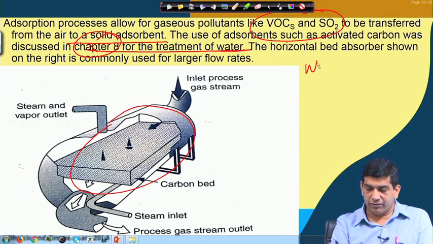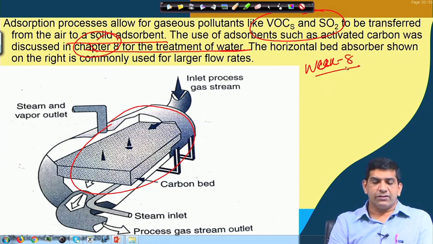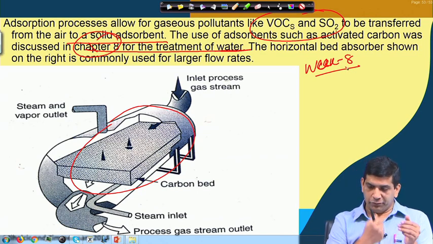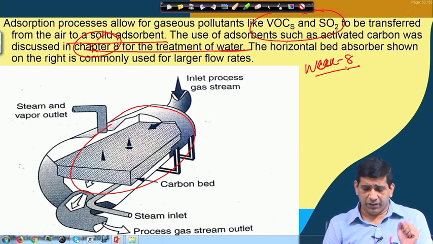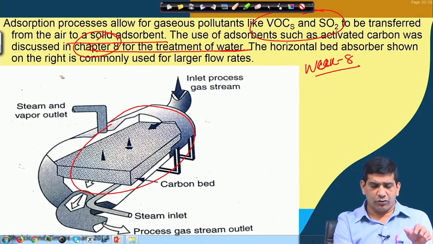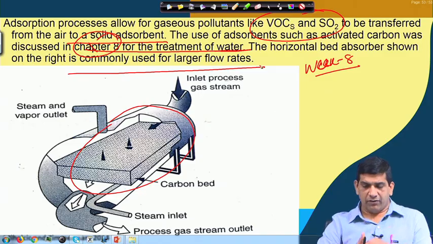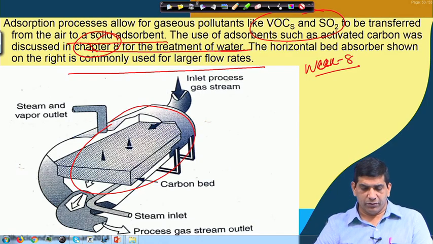A similar approach can be used for air pollution, where the horizontal bed adsorber shown on the right is commonly used for larger flow rates.